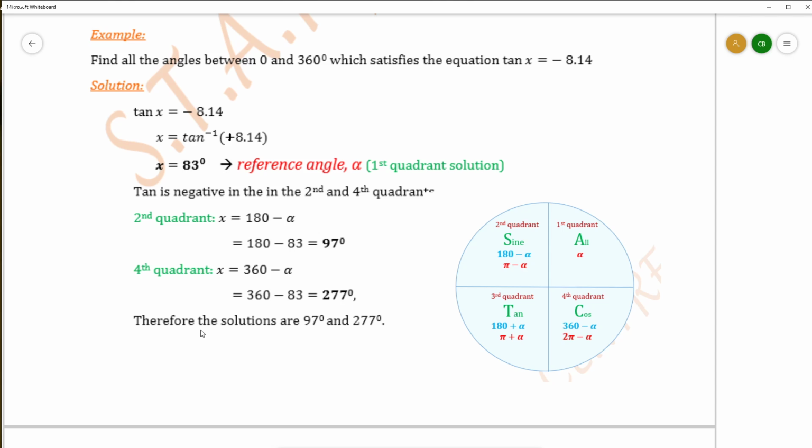Therefore, the solutions are 97 degrees and 277 degrees. So far, these are just basic trig equations that we have learned, in which we are going to use this knowledge to apply it to further trig equations.